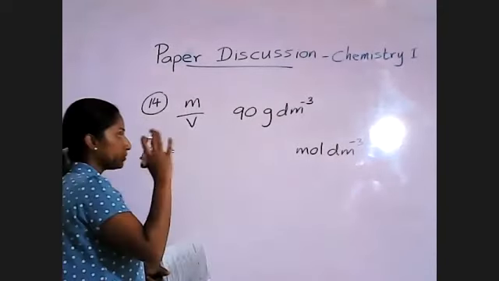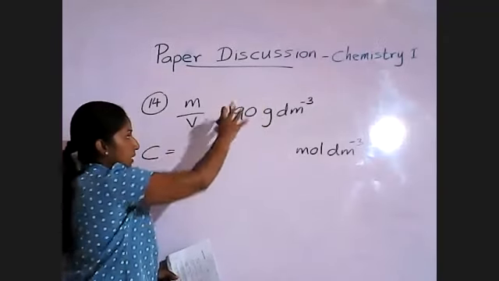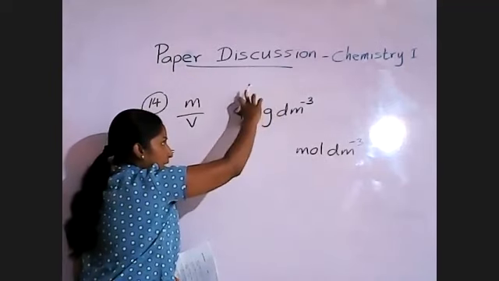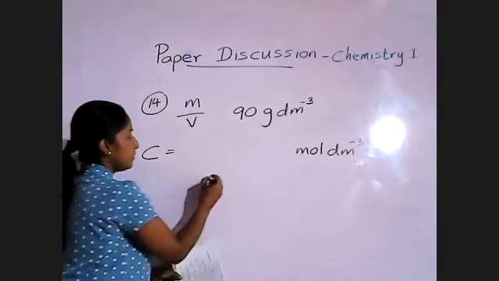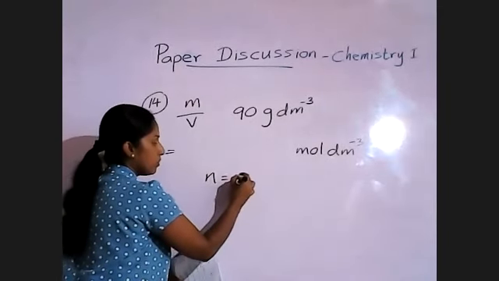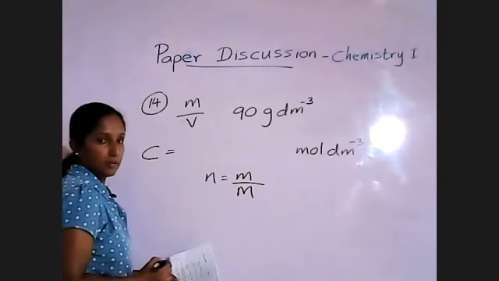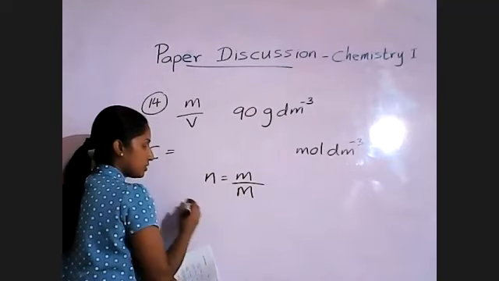So we have to convert the gram part into moles. We know that number of moles equals mass divided by molecular mass.